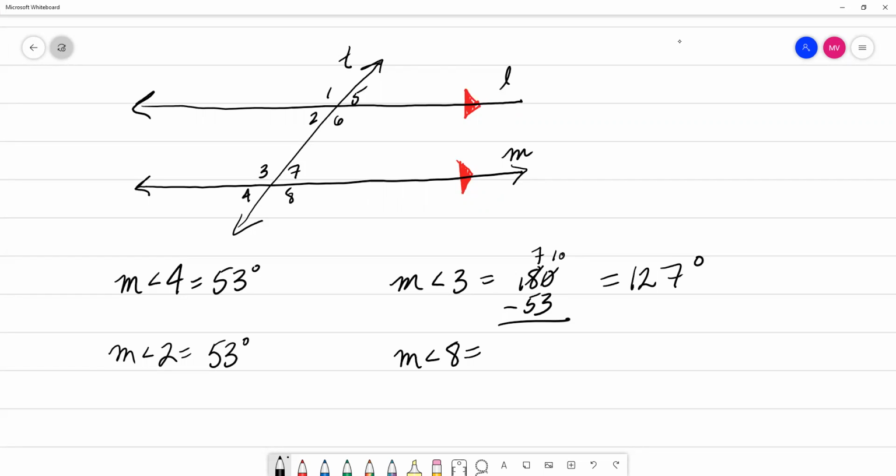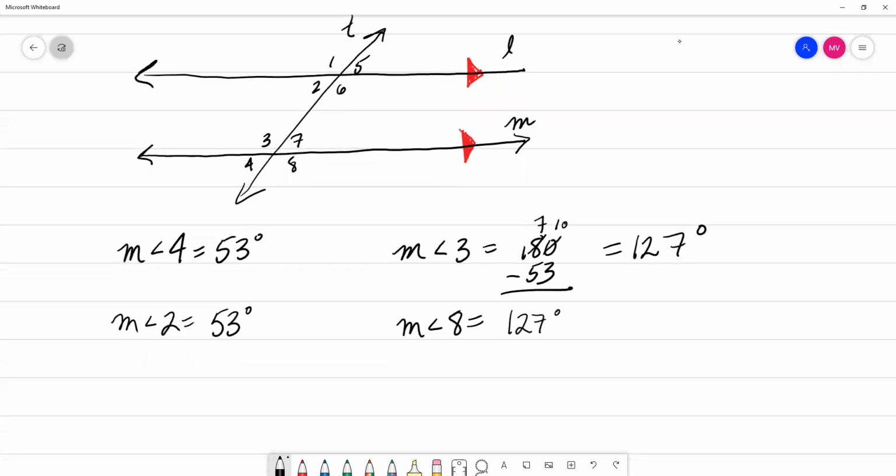What else tells us that angle 3 and angle 8 are the same? That they're congruent, because they're vertical angles. Yes. So if we calculate angle 3, we know that angle 8 is 127 degrees. Or if we know that angle 4 and angle 8 are supplementary, then they equal 180 degrees. So we can subtract 53 from 180. And that also gives us angle 8.